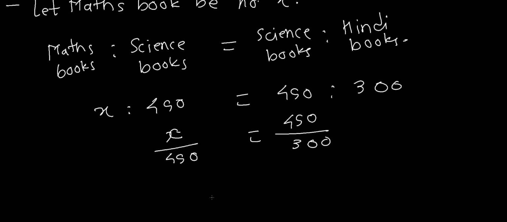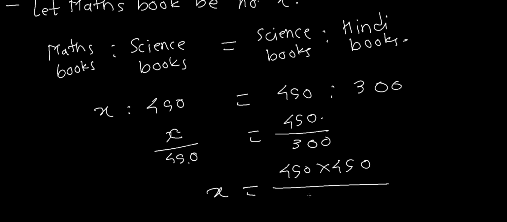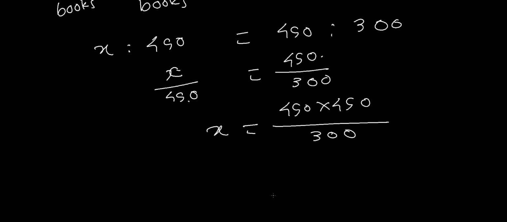So now what we can do is x equals, this is division, it will go here as a multiplication. So 450 into 450 divided by 300, and the solution comes as x equal to 675.